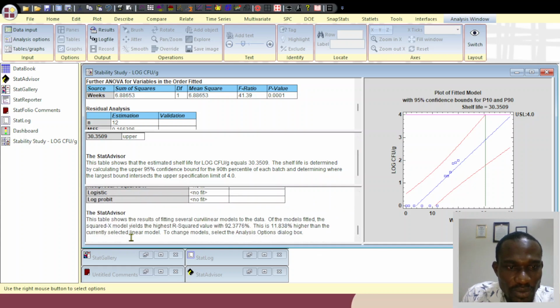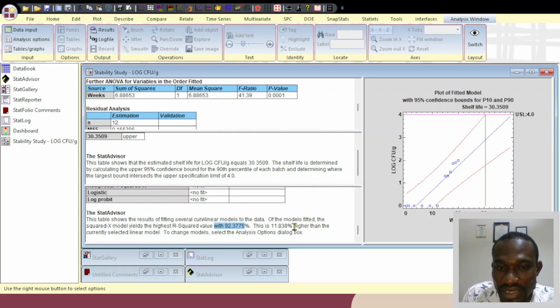And so now this advisor is saying that this table shows the results of fitting several curvilinear models to the data. Of the models fitted, the squared X model yields the highest R squared value of 92.3776.